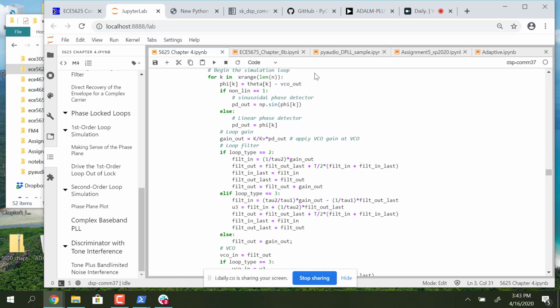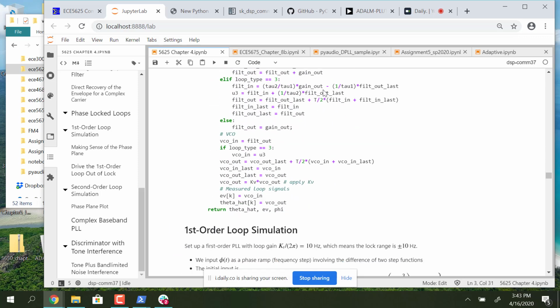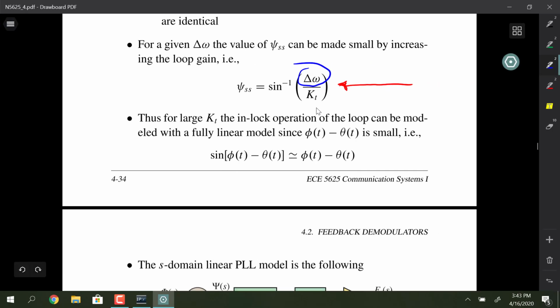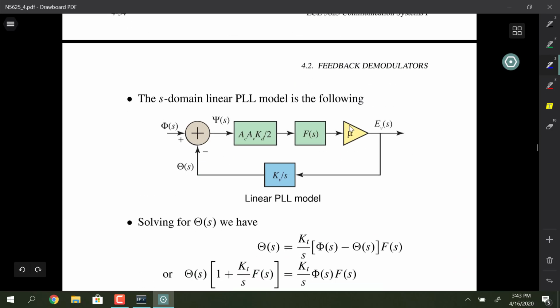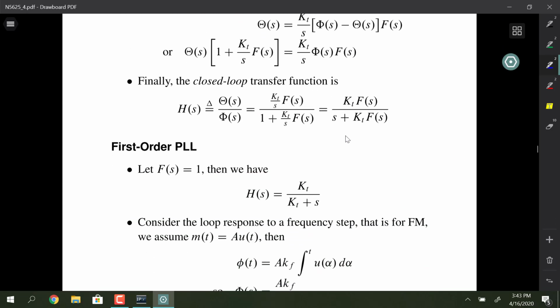Remember, we had the math sitting there. We have this right here that just shows us the lock range, and we did our linear model down here. We got to see that kT was the cutoff frequency of the loop's low-pass filtering action.